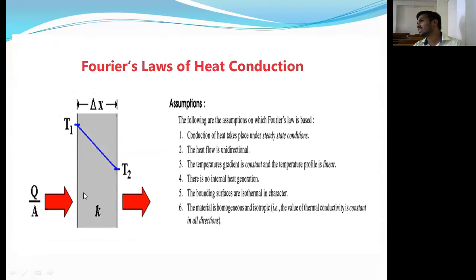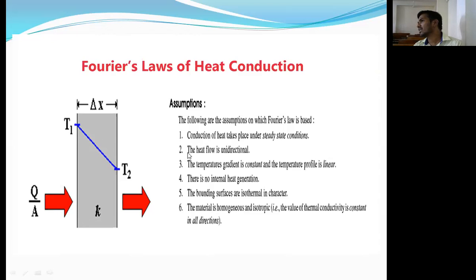Suppose at this face the temperature is 100 degrees Celsius, and after 1 hour, if we measure the temperature, it is still 100 degrees Celsius. The temperature does not change with respect to time. That is nothing but steady state. So for the derivation, we considered that heat conduction takes place under steady state condition.